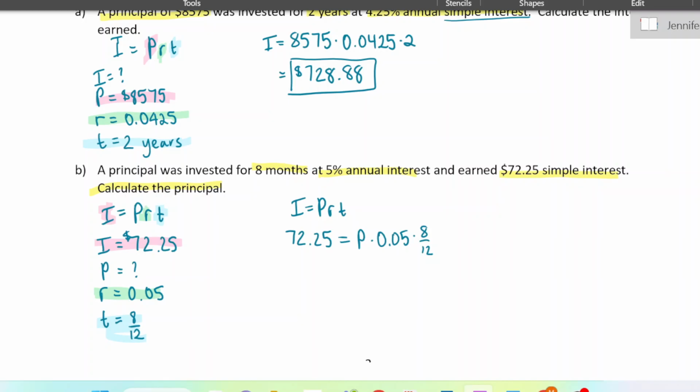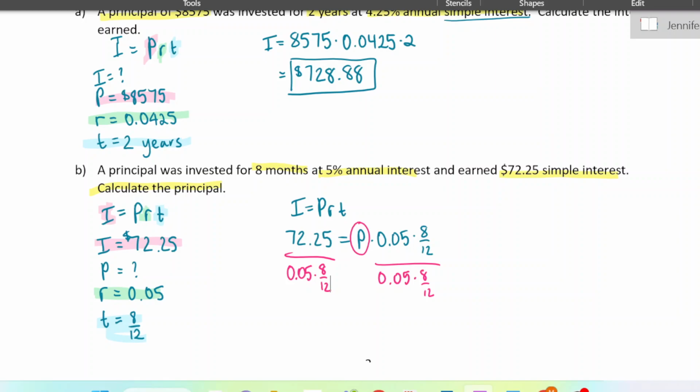So if I'm going to solve for P here, I'm going to divide both sides by 0.05 times 8/12. Oops, my pen is being a little wonky. Let's try this. 0.05 times 8/12. There we go.